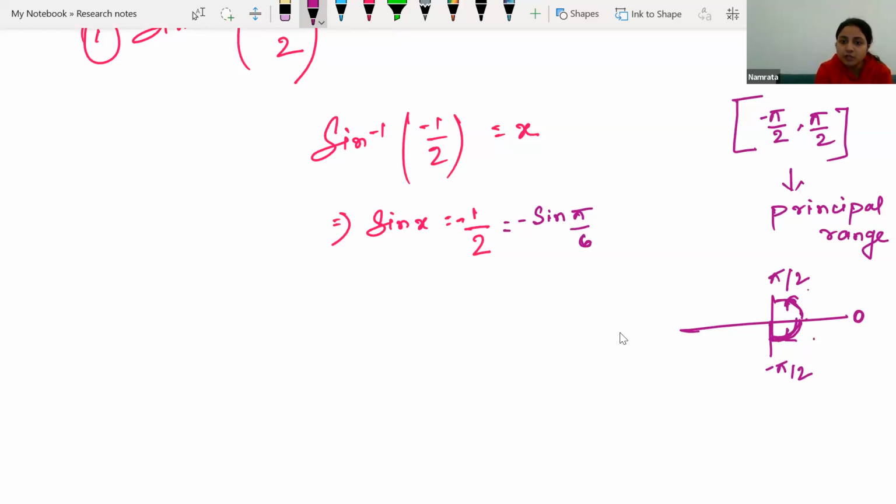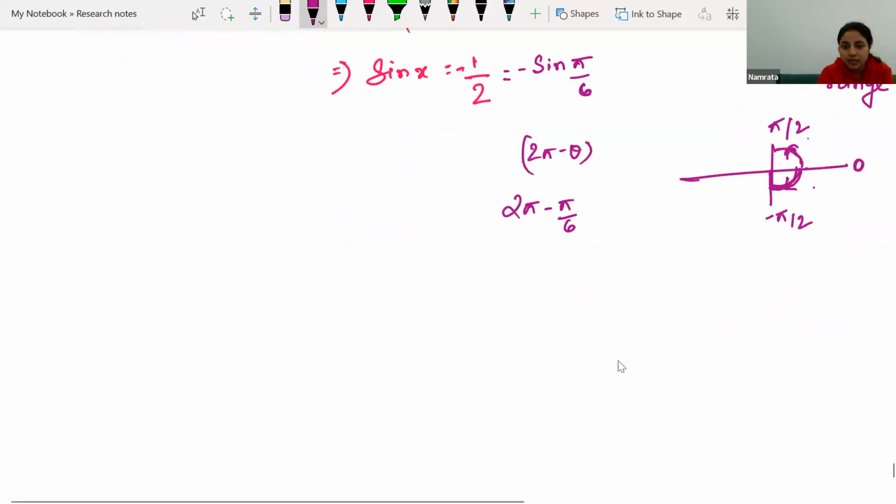In the fourth quadrant we know 2 pi minus theta comes, right? So this pi by 6 can be written as 2 pi minus pi by 6. We were just talking about the transformation of angles. Let me write it over here: sine of 2 pi minus pi by 6.